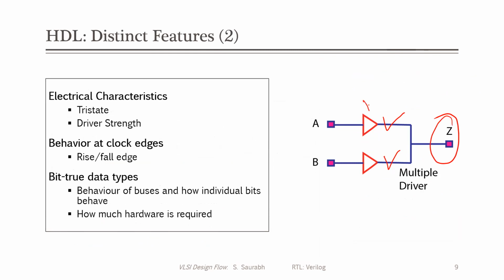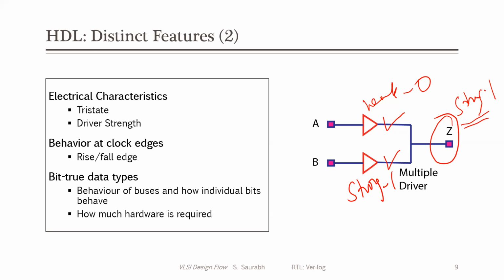For example, if it is a weak zero and a strong one, then the output will be a strong one, right? So this is the strength of the driver that can be specified in an HDL, and in traditional programming languages these kinds of features are not available.